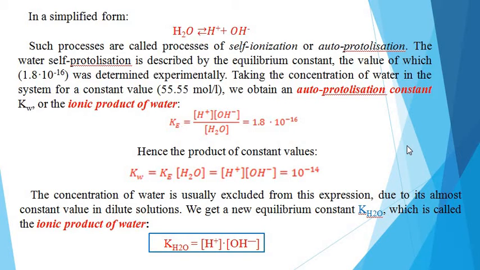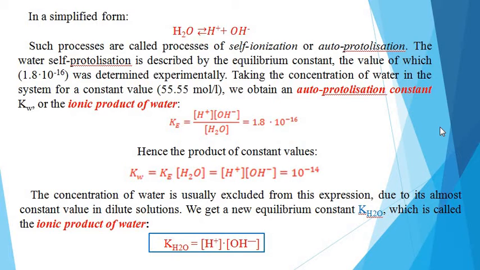Hence, the product of the constant values of water autoprotolysis is equal to 10 to the minus 14. The concentration of water is usually excluded from this expression due to its almost constant value in dilute solutions.